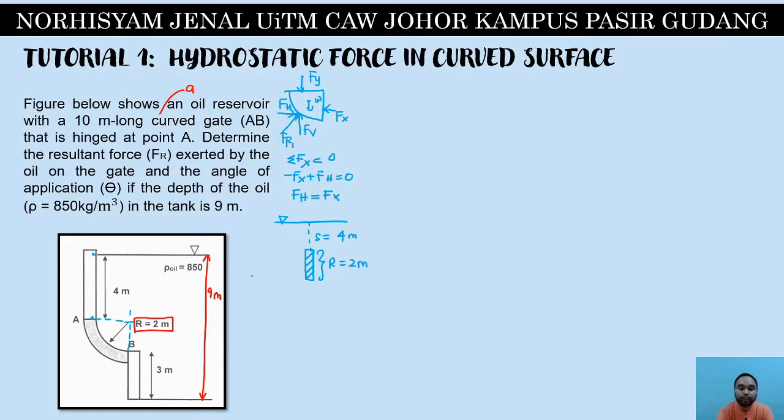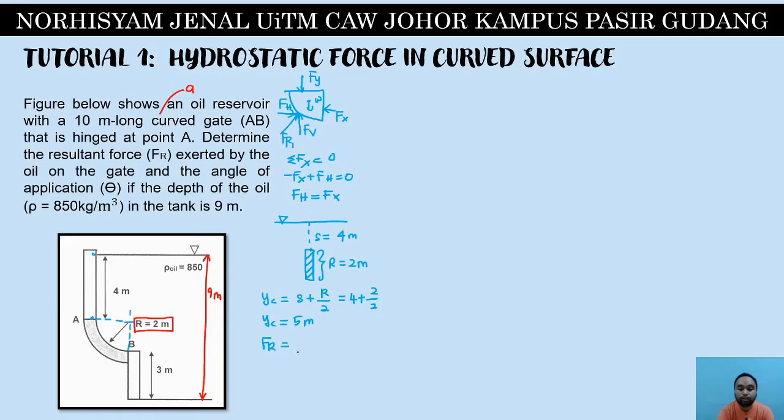To continue with this, we have to find out what is YC. YC is equal to S plus the radius divided by 2. So equal to 4 plus 2 divided by 2. So YC is equal to 5 meter. Okay. And then when we find out 5 meter for YC, we can find what is Fr.